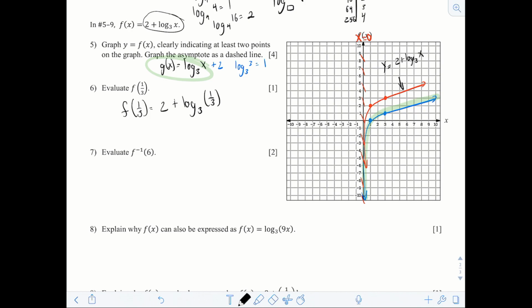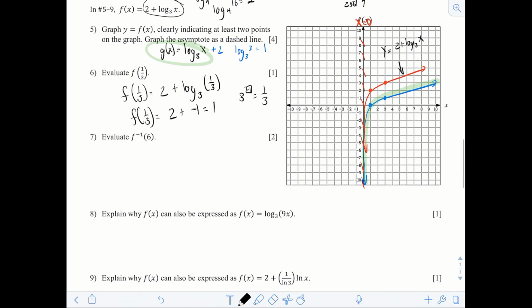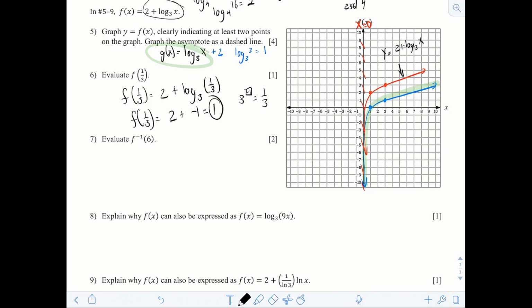Now remember, base to the answer equals the inside, so base to the answer equals that 1/3, and then we'll worry about adding 2. So in this case, this is going to be -1. So I'd write f of 1/3 equals 2 plus -1, so that would be 1. So that means at 1/3, roughly there would be a point right there. My sketch isn't exactly the best, but we could say that the value will be equal to 1.